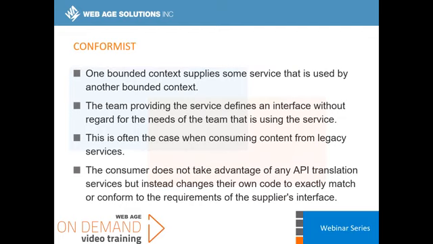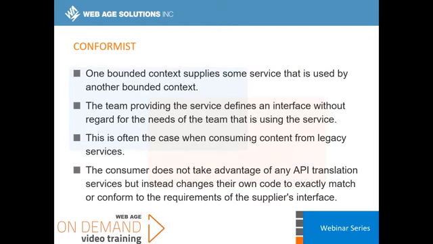A conformist says one bounded context supplies some service that's used by another bounded context, just like the customer supplier. Unlike the customer supplier, the team providing the service says, here's the interface and I don't care what you need. All right?